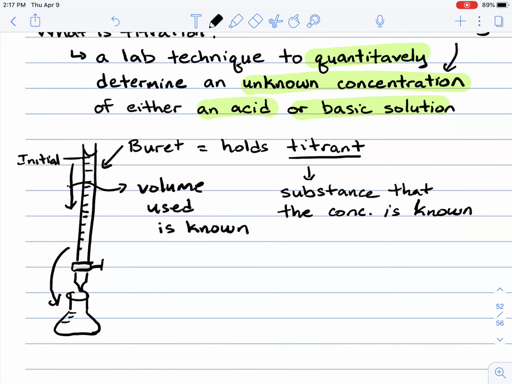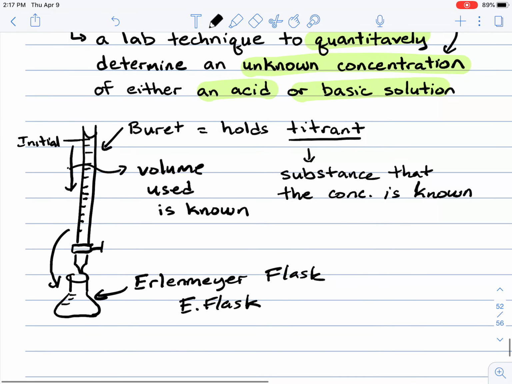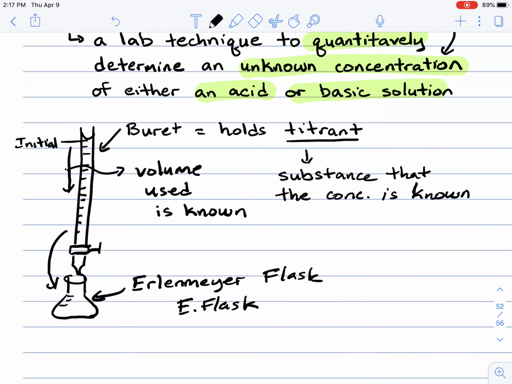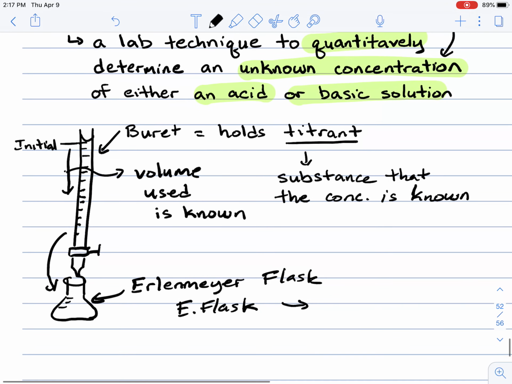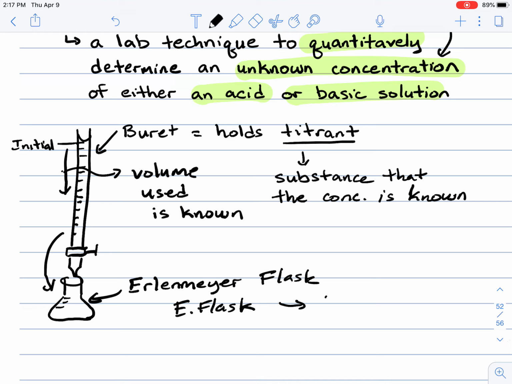Now, inside this Erlenmeyer flask, and since Erlenmeyer flask is such a big word to write, I just say E-flask to abbreviate it, is going to be the substance that you do not know the concentration of. So you have an unknown concentration of a specific substance.